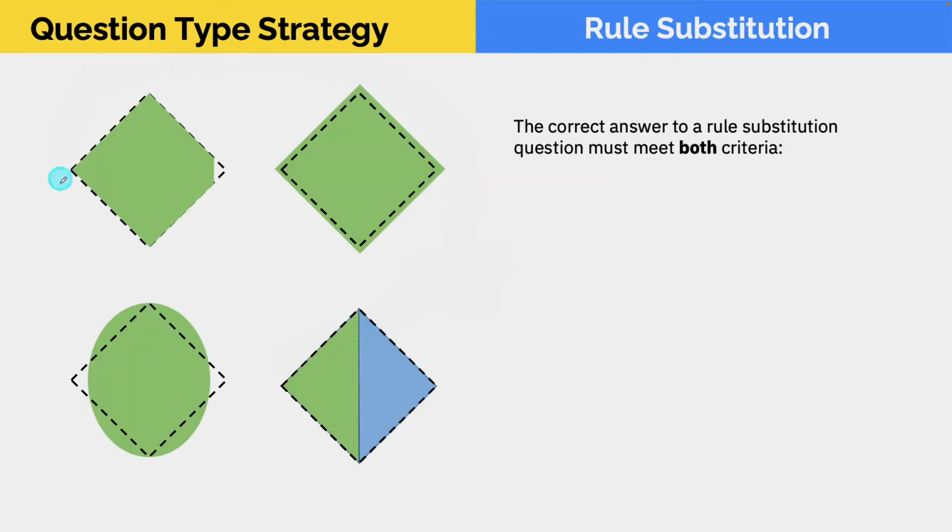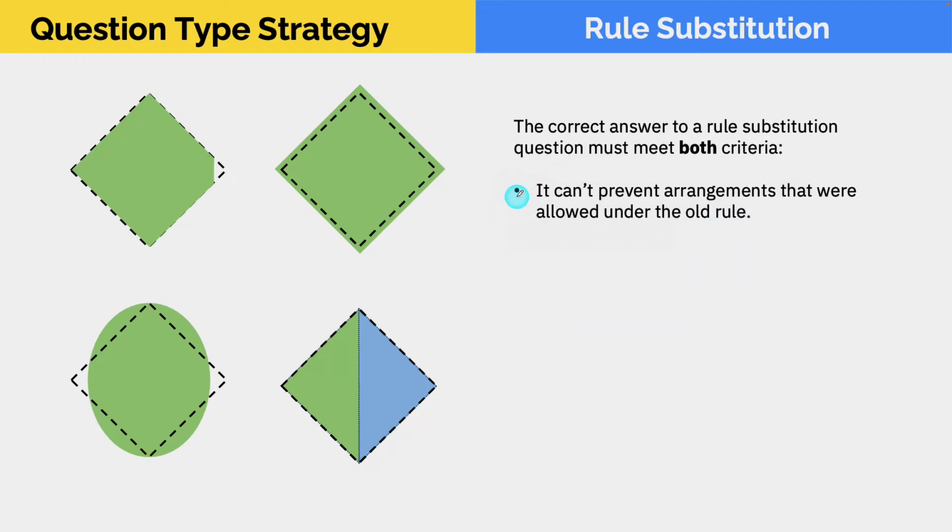So the visuals that we just discussed are one way to help understand what we're looking for in a rule substitution question. The correct answer to a rule substitution has to meet both of these criteria. First, it cannot prevent arrangements that were allowed under the old rule. And the old rule here refers to the original rule that we're looking for a replacement for.